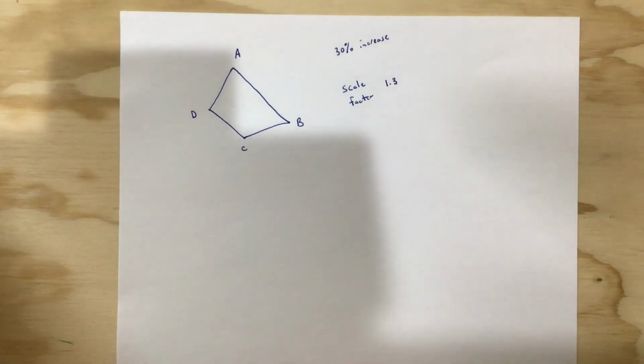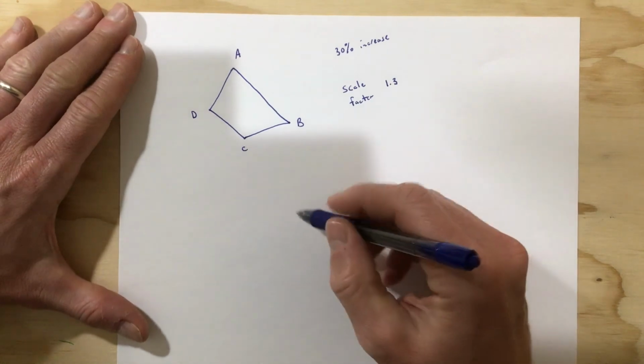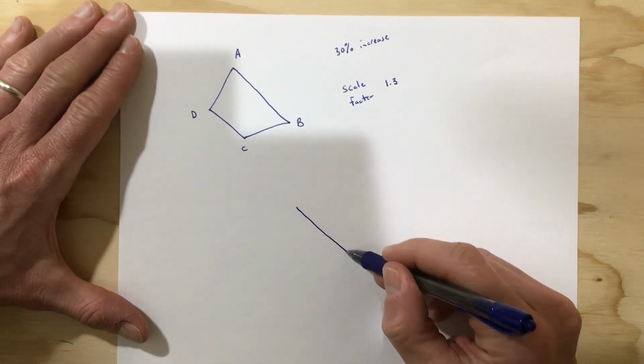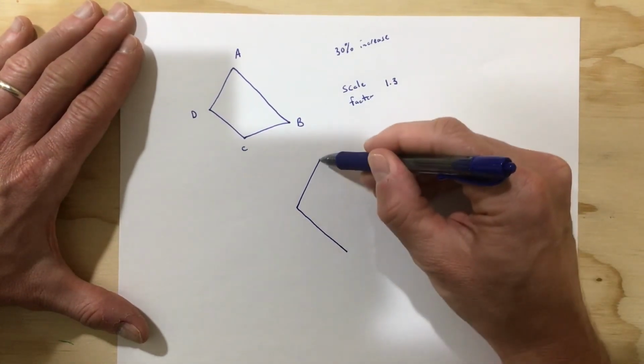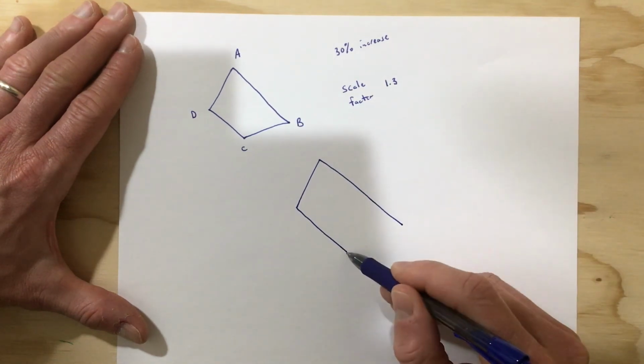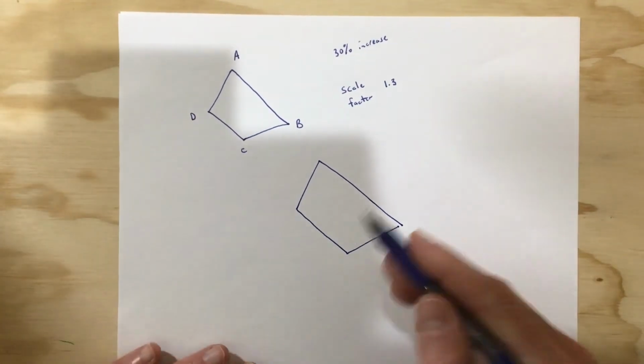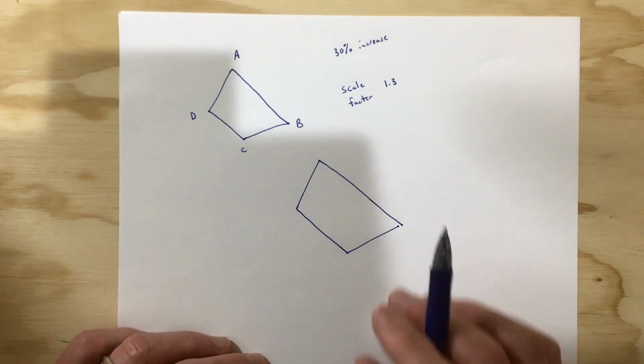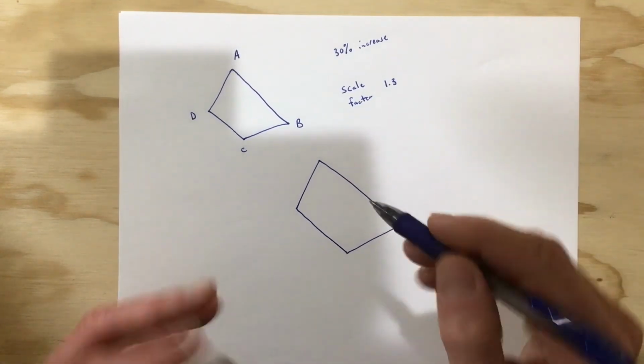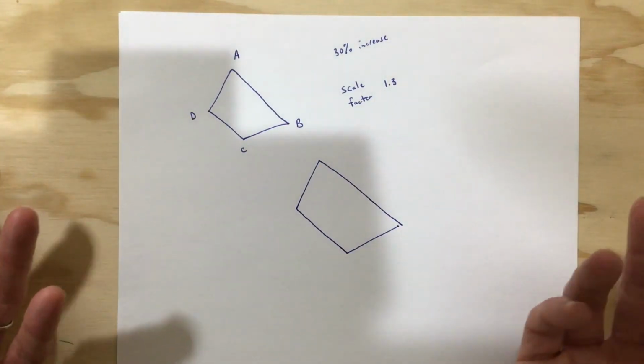And so I could say, well, what do you think the new perimeter would be? I could try to draw this thing, increase that by 1.3, make it 1.3 longer there, 1.3 longer there, 1.3 longer there. It's something close to that, right? Okay, so what's the new perimeter of this? How many times bigger is the perimeter?